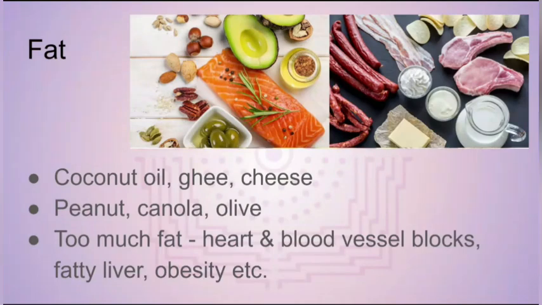So the preference is that saturated fats are very difficult to digest by the liver because they are very complex. And unsaturated fats are very simple ones. They can be easily digested by the liver. It gives less work to the liver. So keep your preference to use more of unsaturated fats instead of saturated fats.